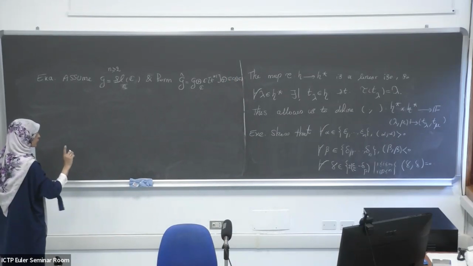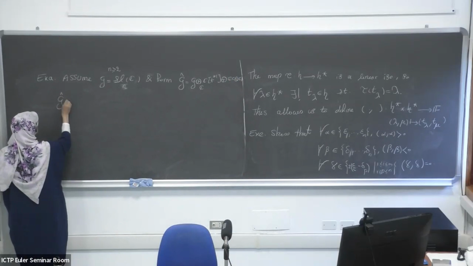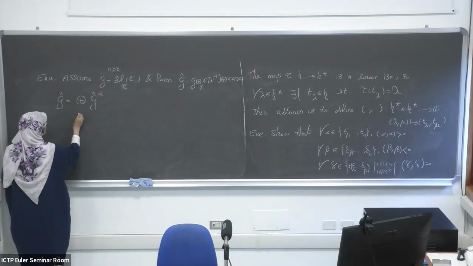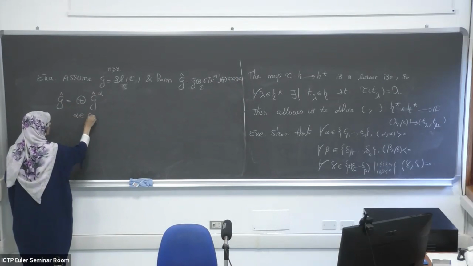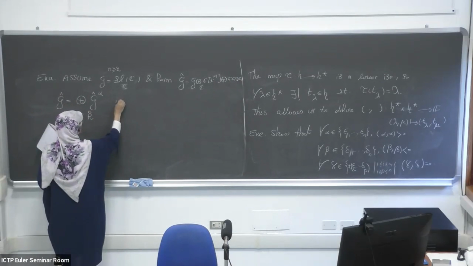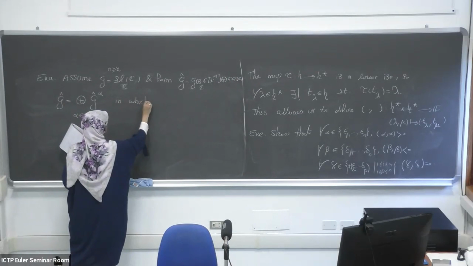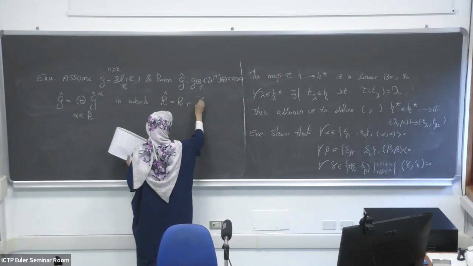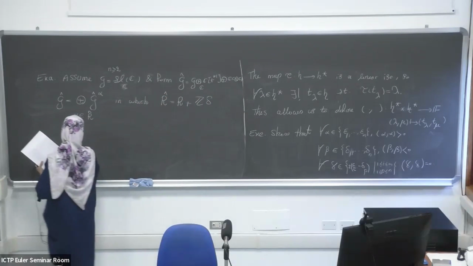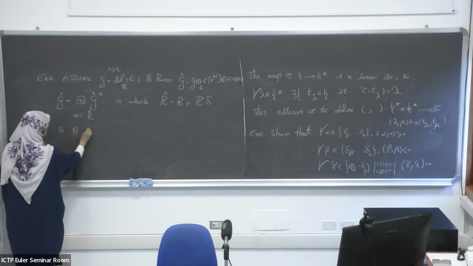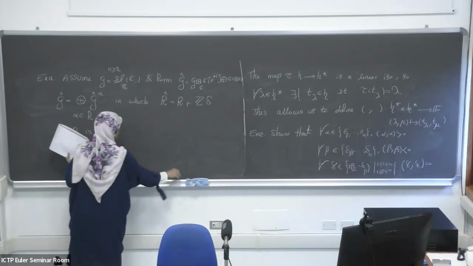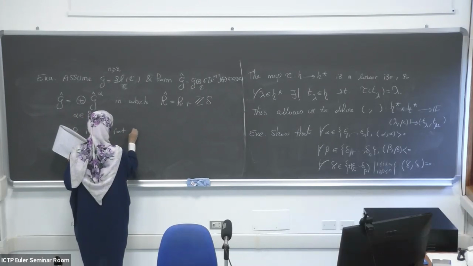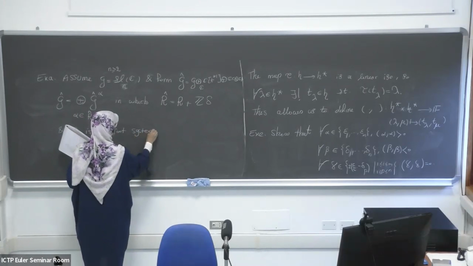And you remember G hat is the direct sum of G hat alpha, where alpha is an element of R hat, in which R hat is R plus Z delta, and R is the root system of G.